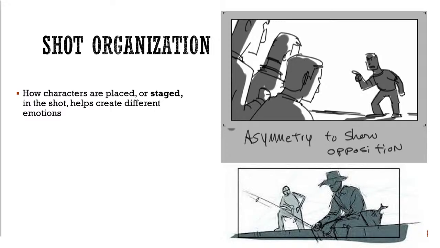But unless you're trying to do something really stylized like that, usually you're going to have characters on different sides of the frame if they're arguing. That's how you compose the shot. Same thing with the characters fishing at the bottom of this image. Maybe one is thinking and the other is trying to press them on something.